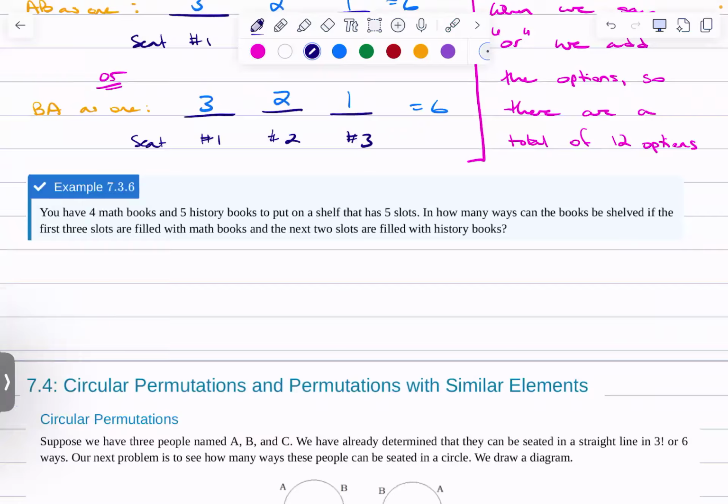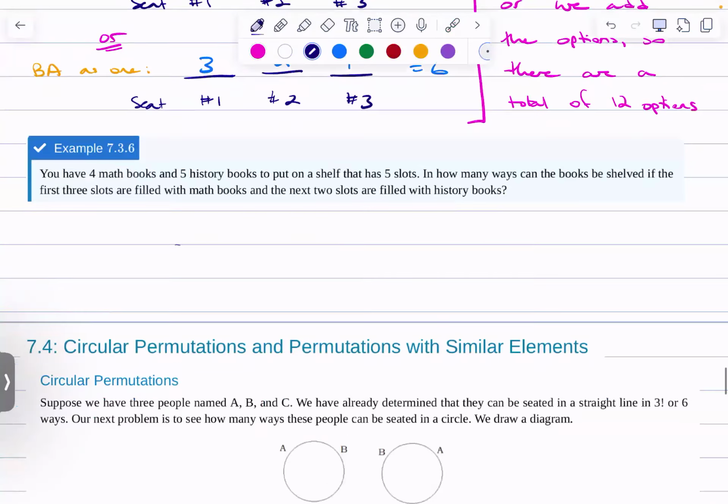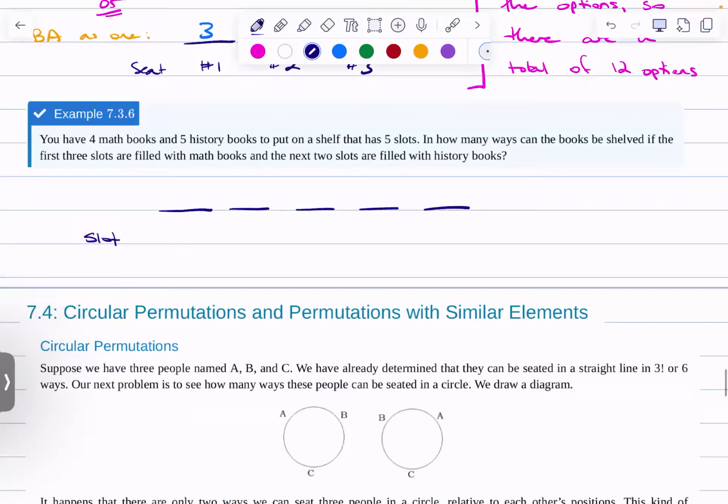There's not really a trick with this one. 1, 2, 3, 4, 5 slots. And the first 3 slots are filled with math, math, math. And then the next 2 slots are filled with history and history. You have 4 math books.